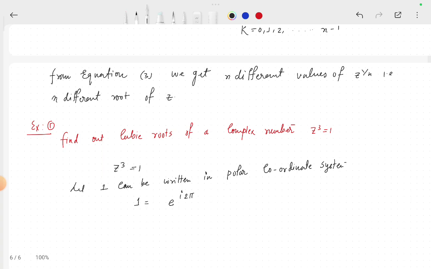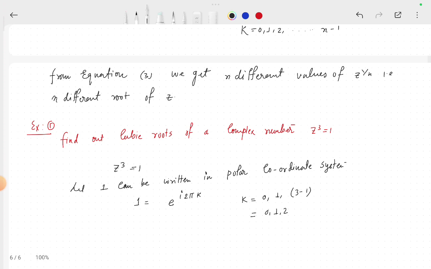Here e to the power i 2π gives one root, but z has 3 roots, so we introduce k with different values. k is basically 0, 1, up to 3 minus 1, which means 0, 1, 2. I think you understand why in the theory part we introduce the k value.